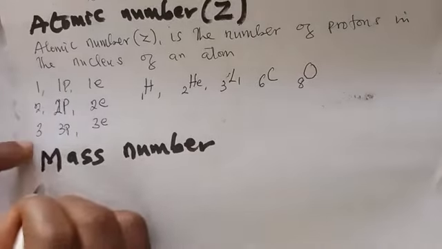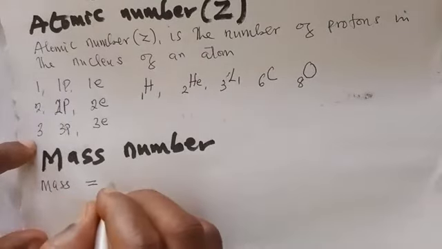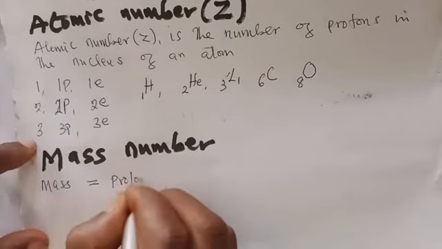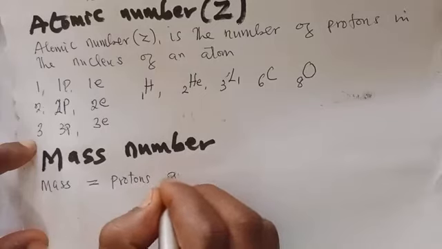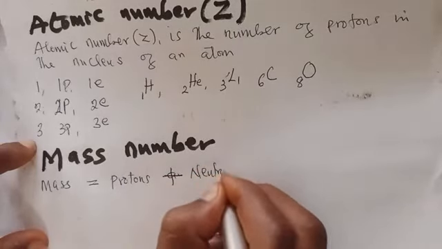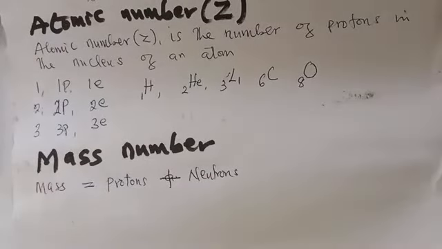So mass number is equal to the sum of the protons and neutrons in an atom. Once you sum the protons in the nucleus and the neutrons together, you get your mass number.